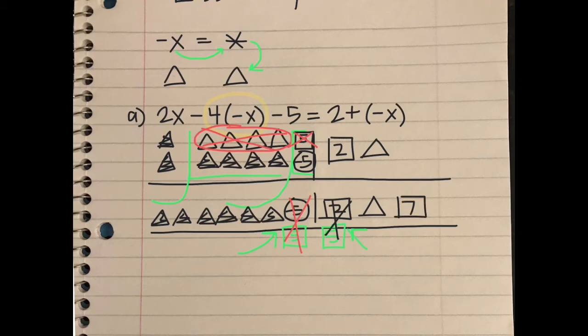And then I'm going to bring in a shaded triangle and another shaded triangle on the left, which means I can cancel my 0 pair. And I have 1, 2, 3, 4, 5, 6, 7 shaded triangles equals 7, which means x or shaded equals 1 and star or unshaded equals negative 1.